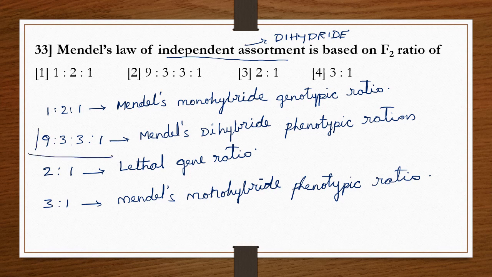This ratio 9:3:3:1 is the base for this law of independent assortment. So Mendel's law of independent assortment is based on F2 generation of 9:3:3:1. So the correct answer is option 2.